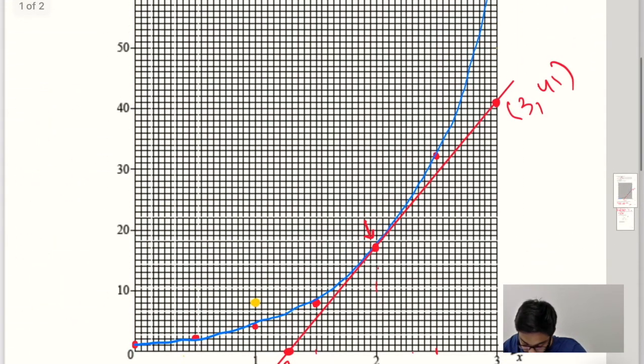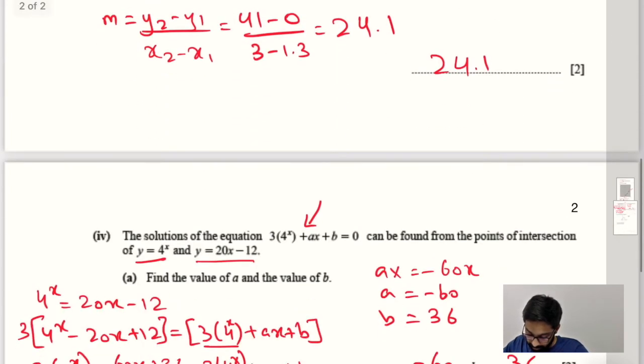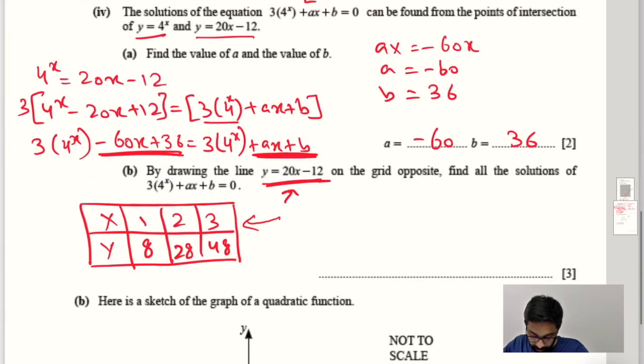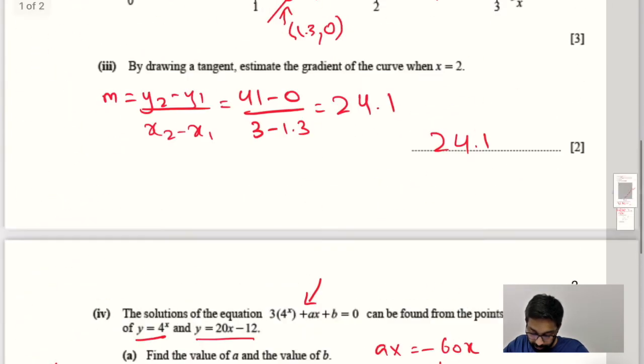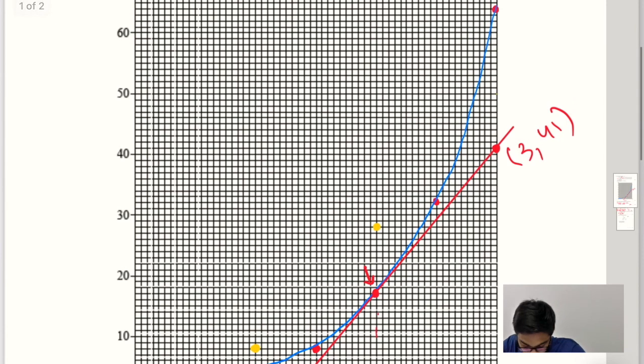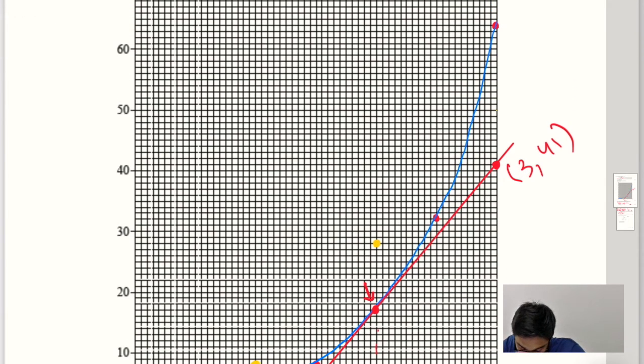So when I have 2, the value that I have for y is 28. That means 2 places below this, so right there. Okay, when I have 3 as x, the value of y is 48. So at the end, I would need to draw a point that is 48 right over there.